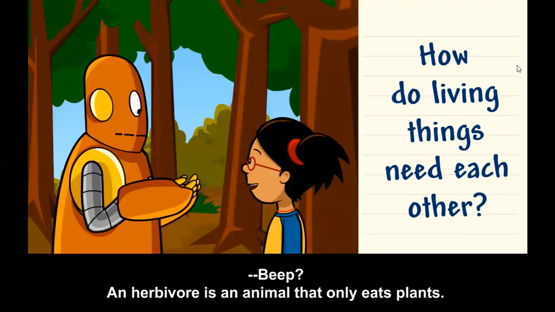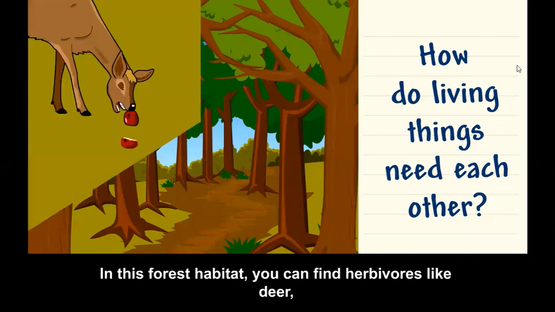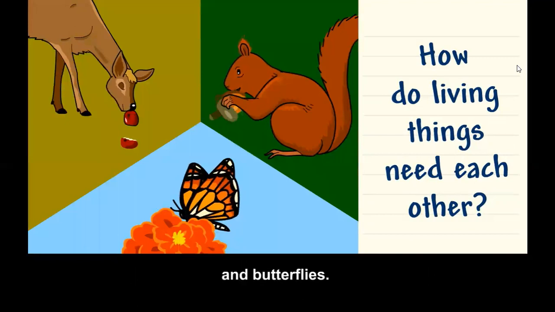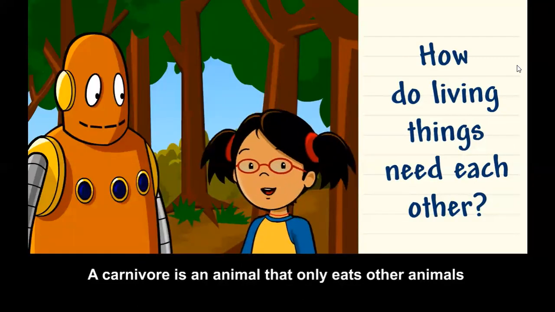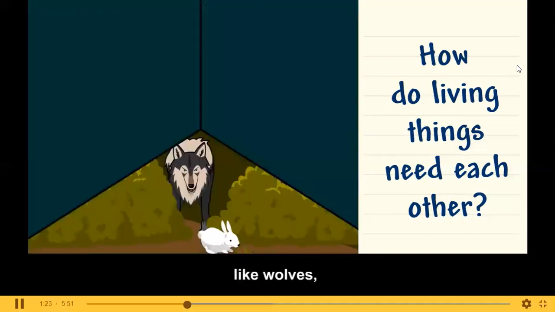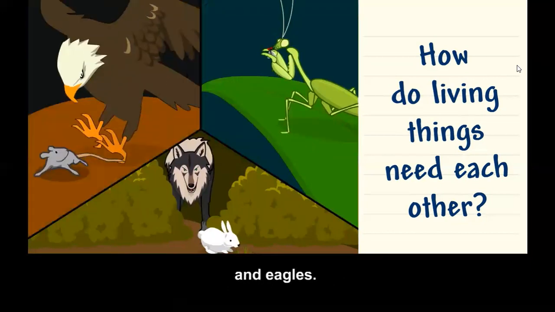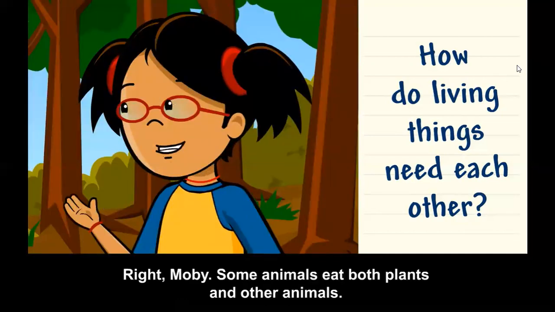An herbivore is an animal that only eats plants. In this forest habitat, you can find herbivores like deer, squirrels, and butterflies. A carnivore is an animal that only eats other animals, like wolves, praying mantises, and eagles. Right, Moby.